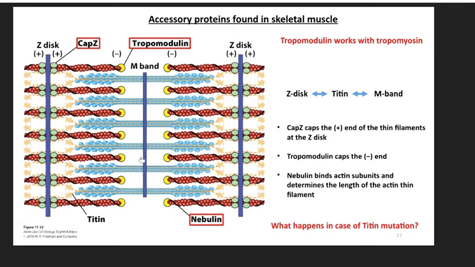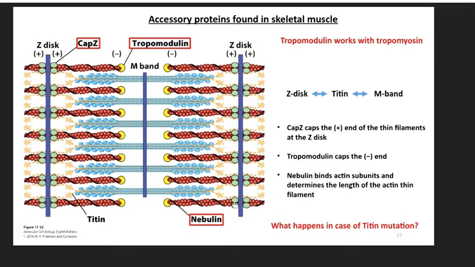The titin is basically this elastic protein here, and it binds between the Z disc and the M band. That's the location of titin. Nebulin is the one which binds the actin subunits, this black one going around.